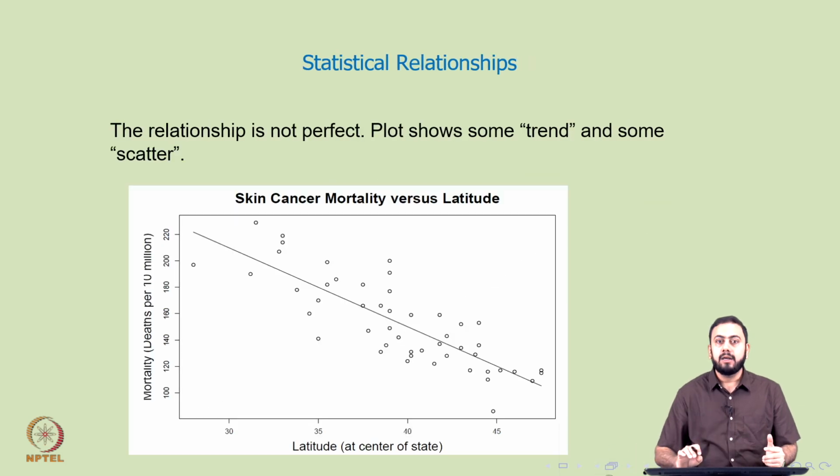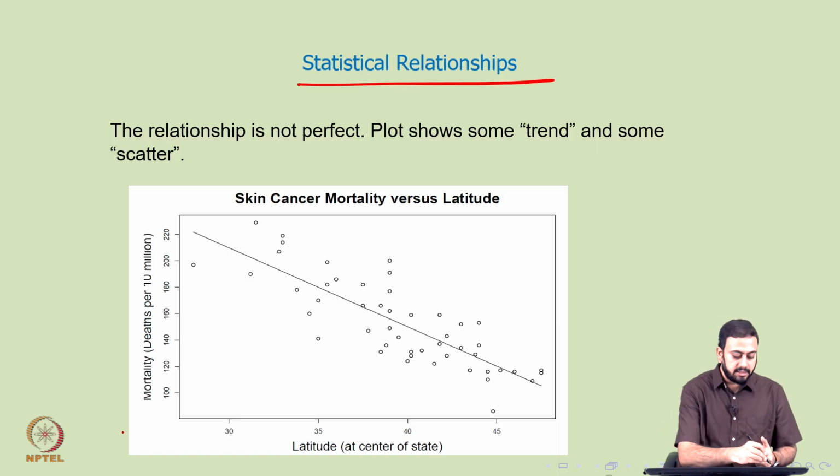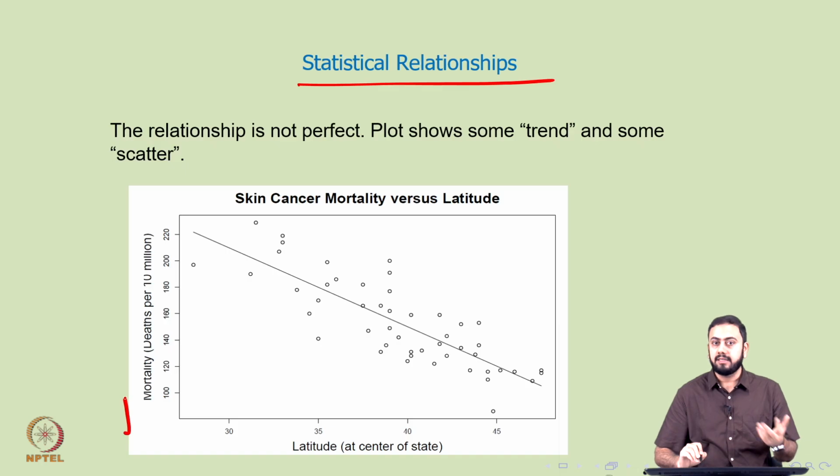Then on the other hand, all the other relationships which are not fixed are called statistical relationships. So the relationship is not perfect, and here you see the example we've seen earlier in the beginning of the session, particularly related to the location of a person versus the cancer mortality rates. And here you see that you have a scatter plot, but even if you draw a straight line here, all the points are not falling on the line.